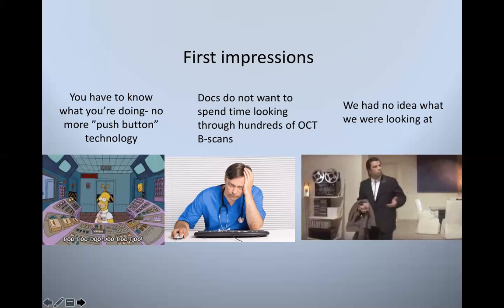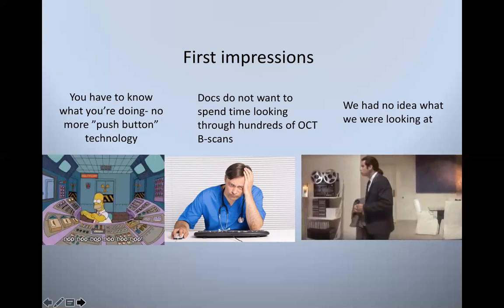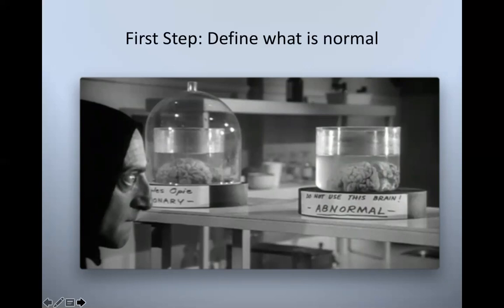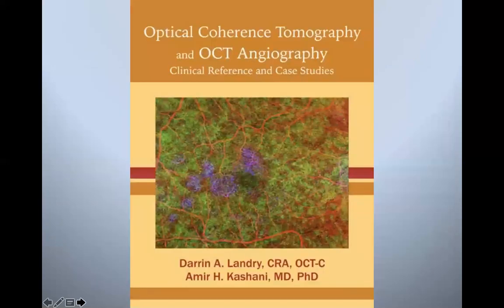At first we really had no idea what we were looking at. We had to start from the beginning and figure out what was normal before we could figure out what was abnormal, because that's the only way it's going to work. So we had to scan hundreds of patients. The reason I'm bringing this up is that a couple of years ago, I co-authored a textbook on OCT angiography with Amir Kashani, who's out in LA and probably one of the smartest people I've ever met.